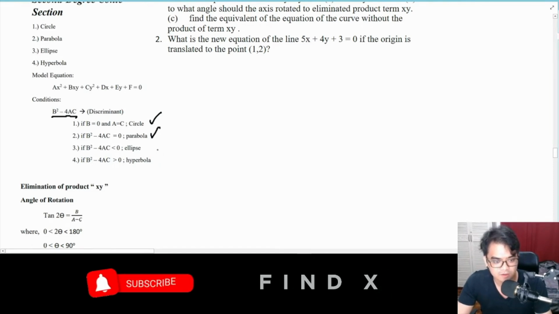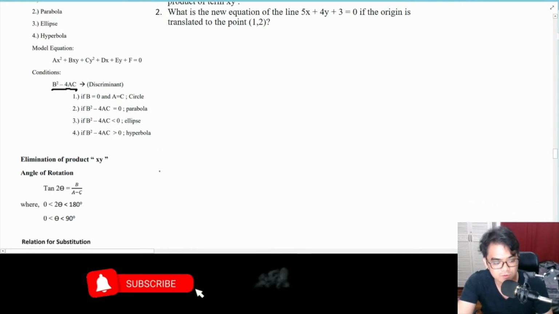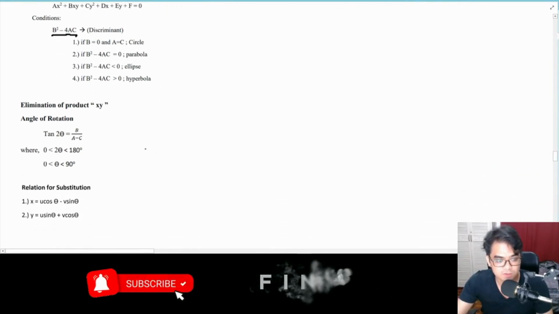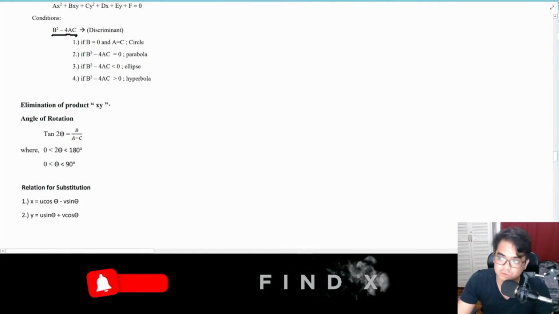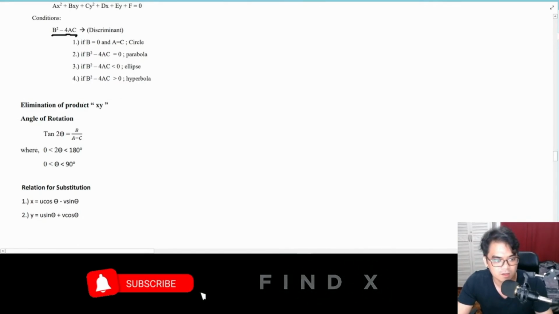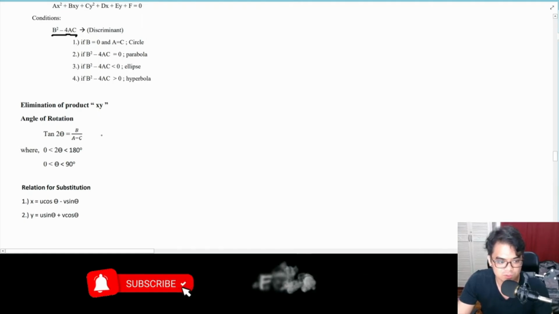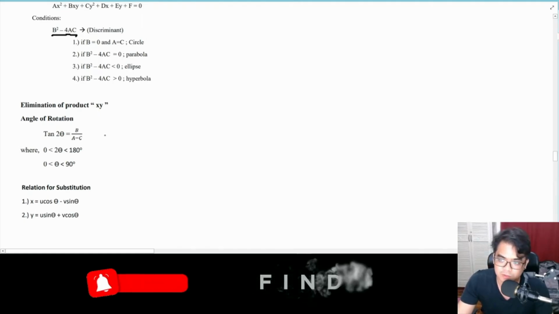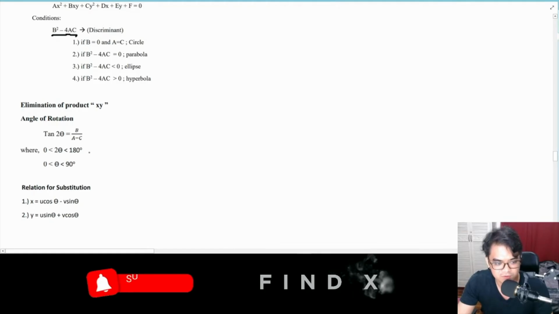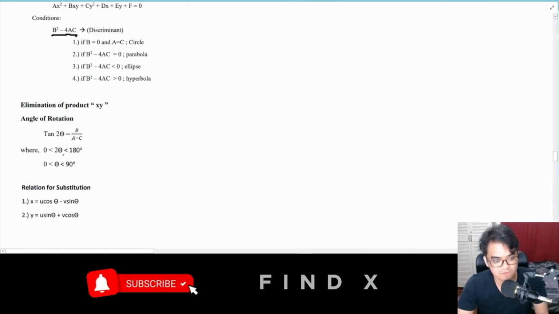Okay. And then there's another topic, which is elimination of product xy. So if you want to eliminate the product xy, there will be an angle of rotation, which is tangent 2 theta equal to b over a minus c. Okay, and then we have a condition for that, which is that 2 theta must be 0 to 180 only, and if it's theta, all you have to do is just divide everything by 2.